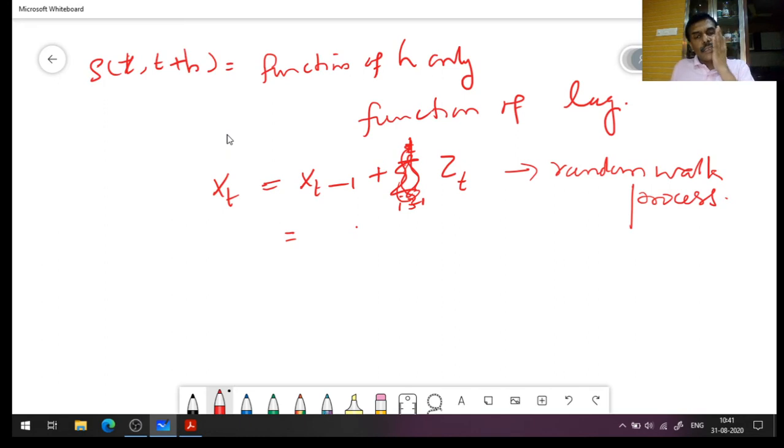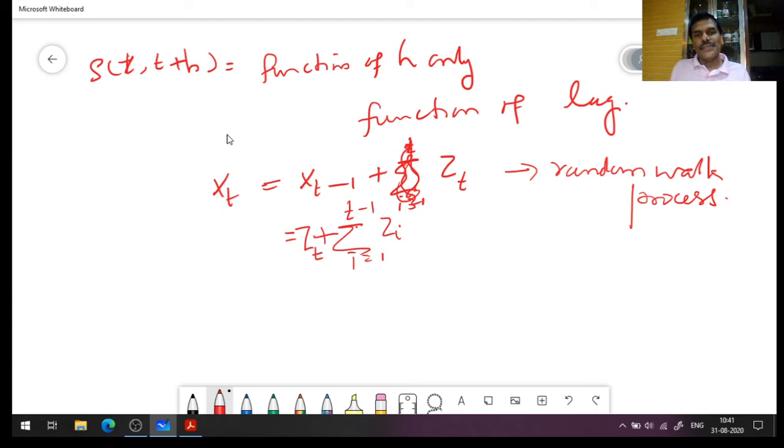In this case, you can write this as a summation of zt. See, if you keep on substituting, what is this quantity? If xt is like this, then xt minus 1 is xt minus 2 plus zt minus 1. So you get zt and zt minus 1, etc. You can now see the index going from 1 to t, ending with zt.